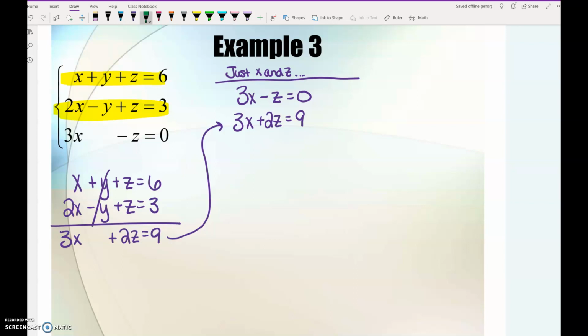So I'm going to multiply everything by a negative and make this -3x plus z equals -0, which by the way is still just 0 because -0 doesn't really exist. If I add these, the x's eliminate and I have 3z equals 9. And that means that z is 3.